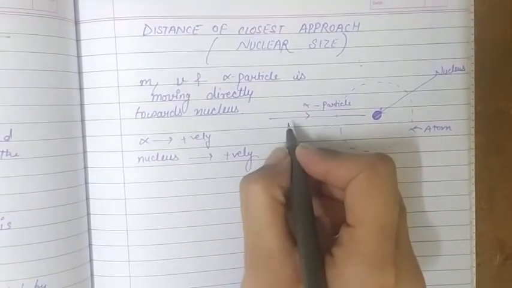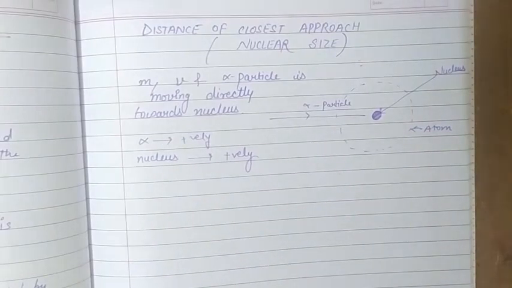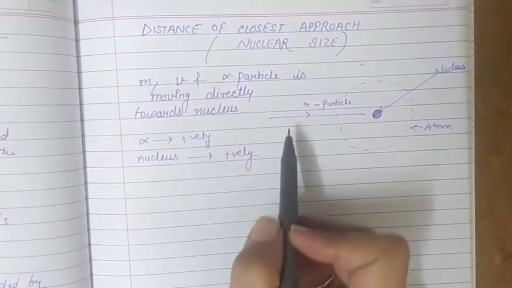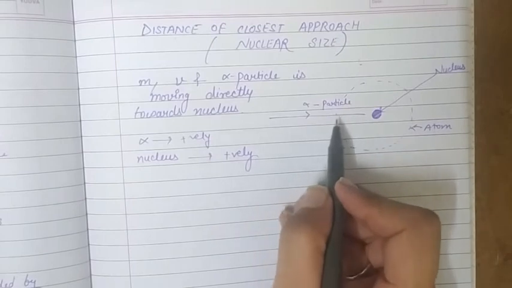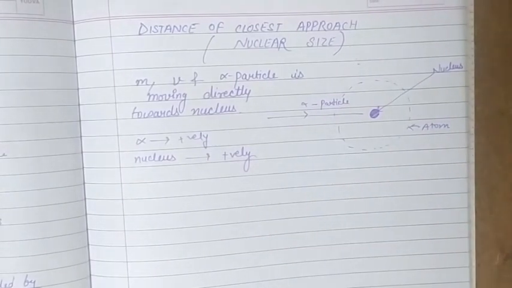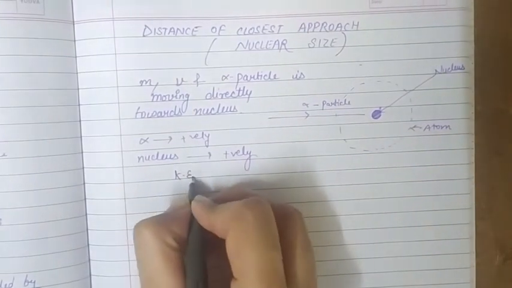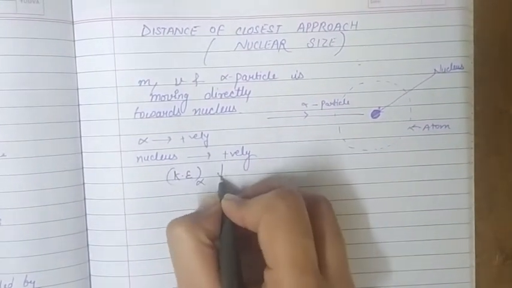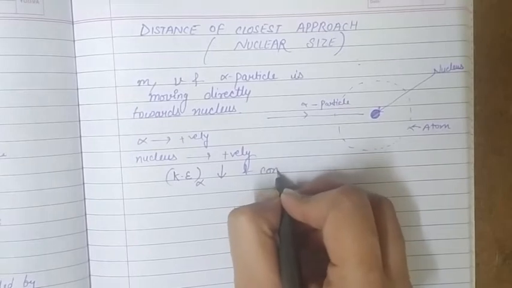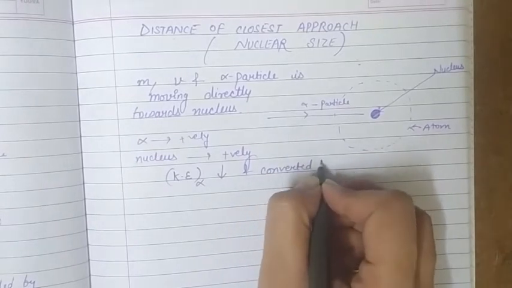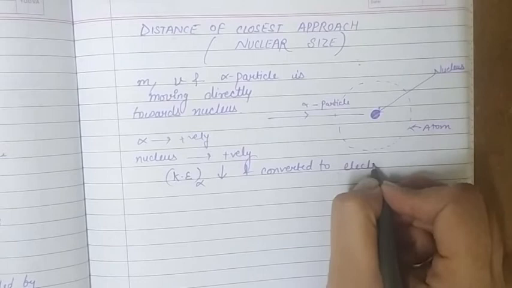So this alpha particle is moving towards the nucleus. It has some kinetic energy, but when it approaches the nucleus, this kinetic energy reduces and is converted to electrical energy.